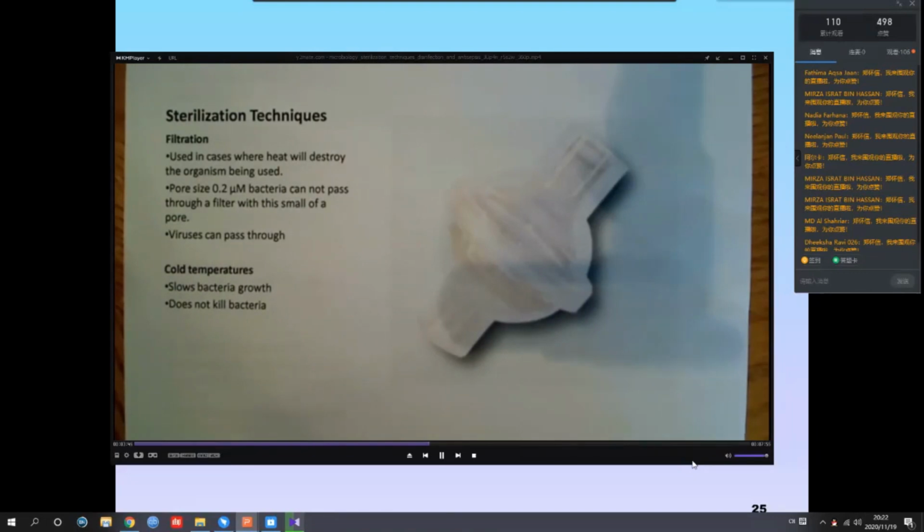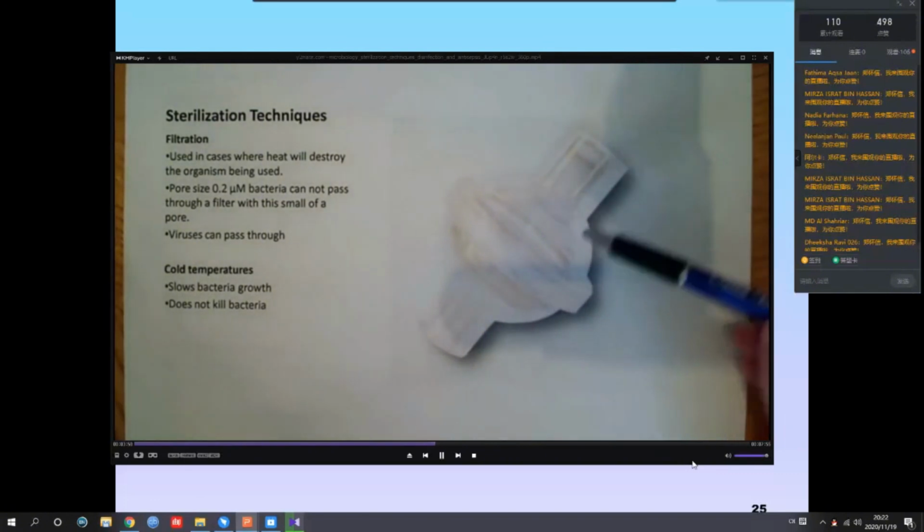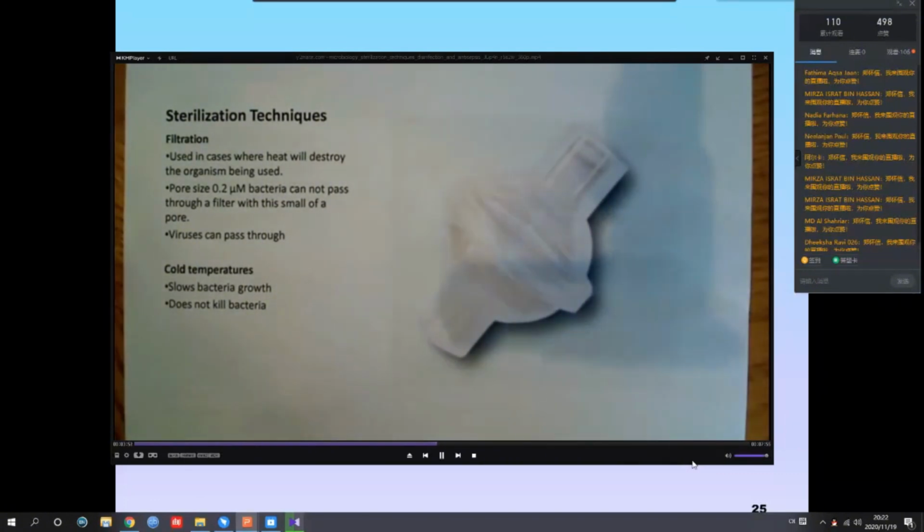Essentially whatever you grow your bacteria up in, you pass it right through this filter, probably in a liquid media, and basically the pore size is 0.2 micrometers. And that 0.2 micrometers is good enough to catch any bacteria. So no bacteria are going to pass through the filter. But at the same time, other things will.